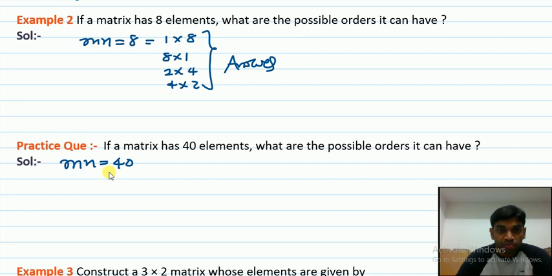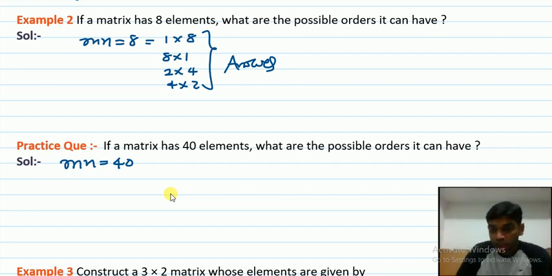I have considered this big number 40 so that we can get the answer in a different way, because the previous way is useful whenever the number is small, but whenever the number is bigger we can't use it, because we might face many difficulties and a lot of complexity.